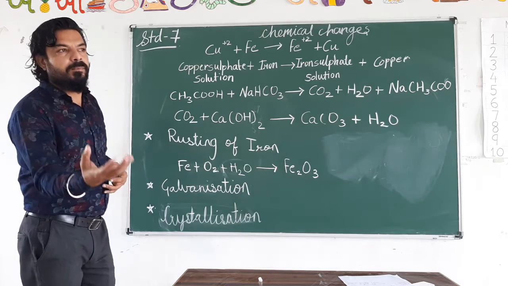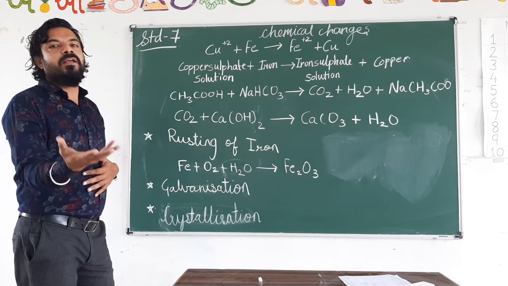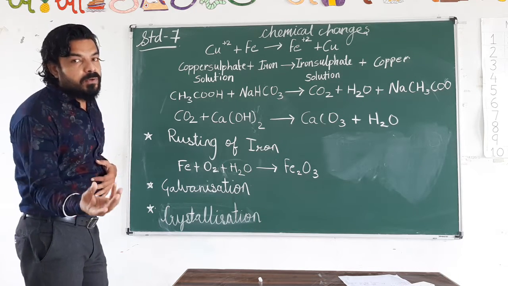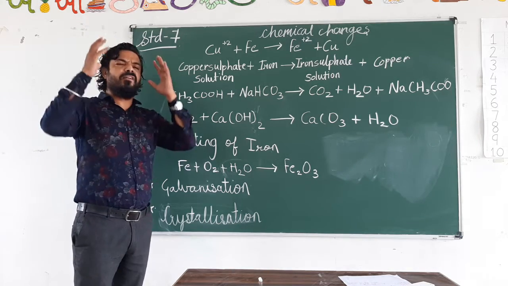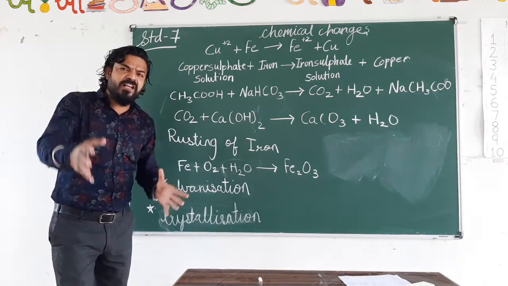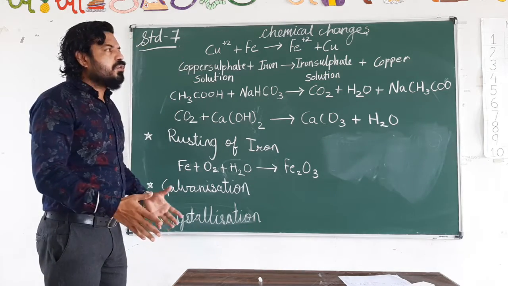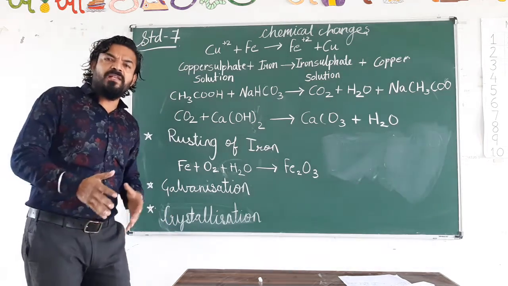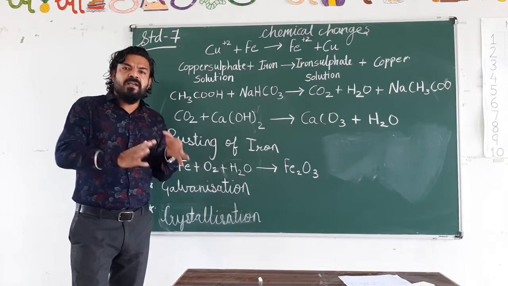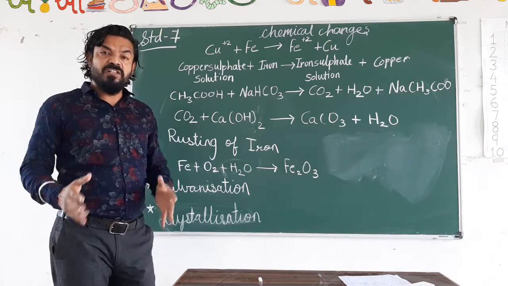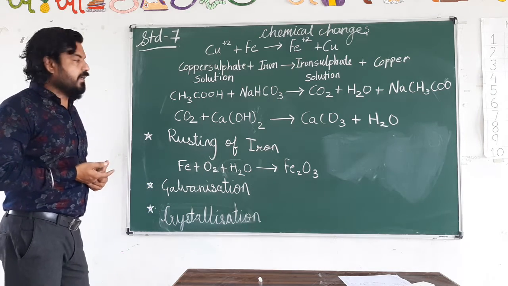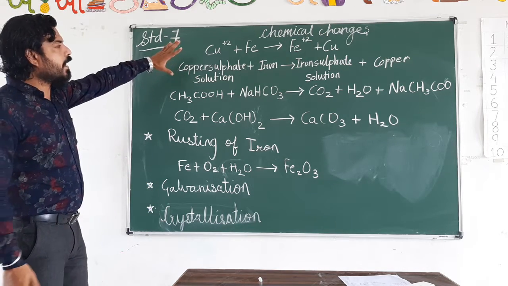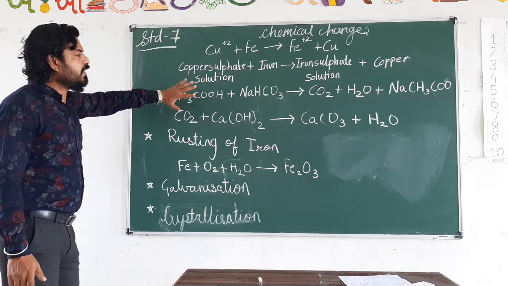If you touch the lower part of that beaker or test tube, it will give you heat. That means any reaction between 2 solutions or 2 substances in a chemical reaction gives heat. It evolves heat. So I hope you understand these 3 equations.